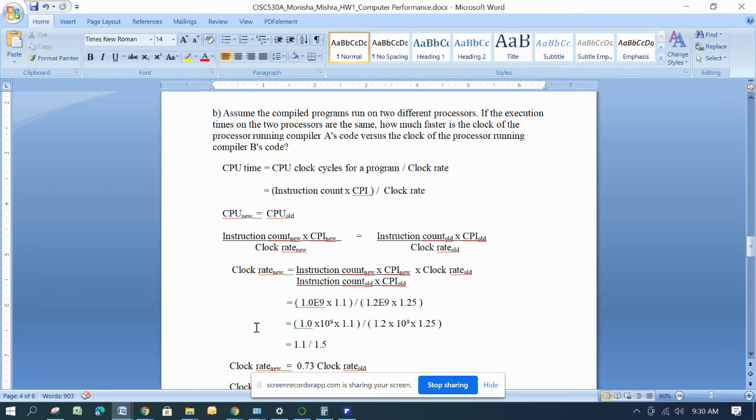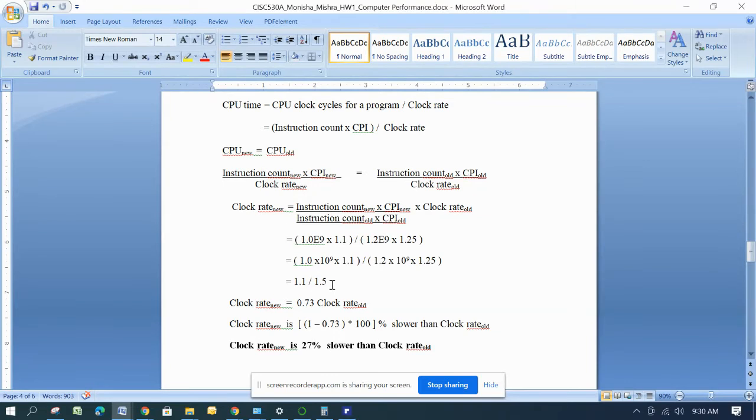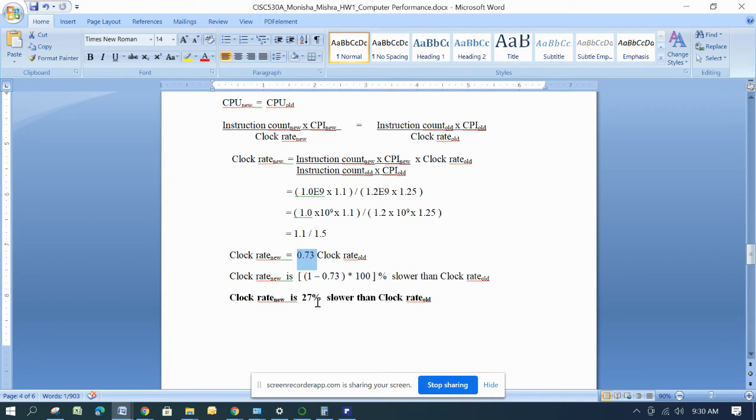Keeping CPU time of both the same, CPU time of processor 1 equals CPU time of processor 2, and putting the formula in, we conclude that it is 0.73 times the older clock rate. So 1 minus 0.73 is 0.27. If you convert to percentage, it is 27%.